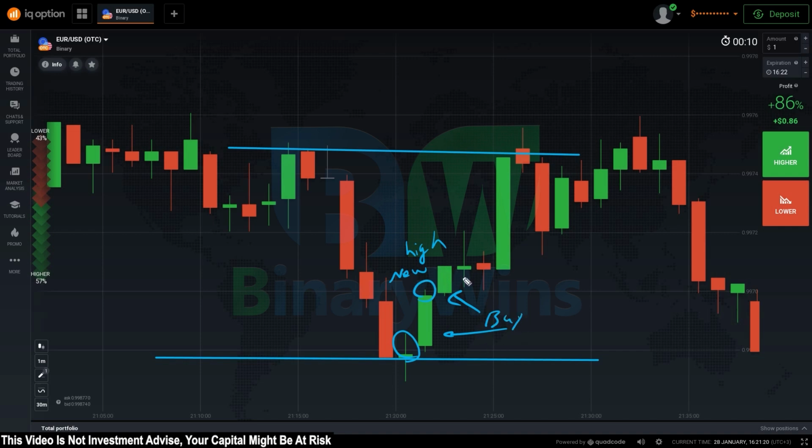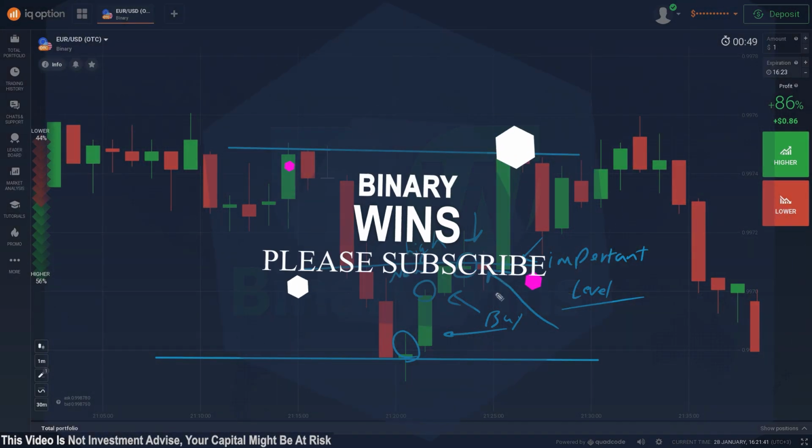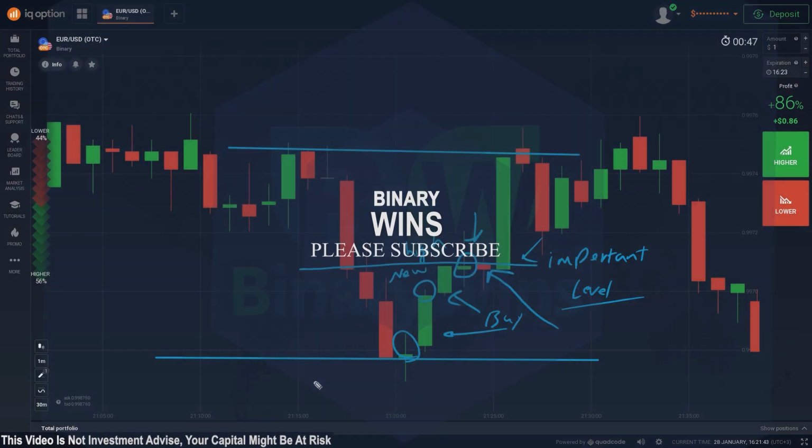But after this candle, a spinning top candle has been formed, which means we probably have an important level here. And we should be careful about it. That's why the next candle is colored red.